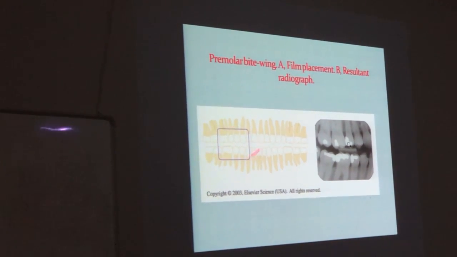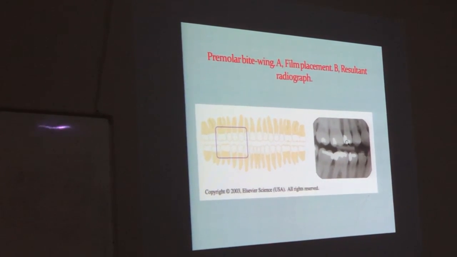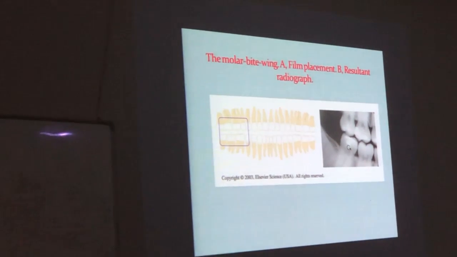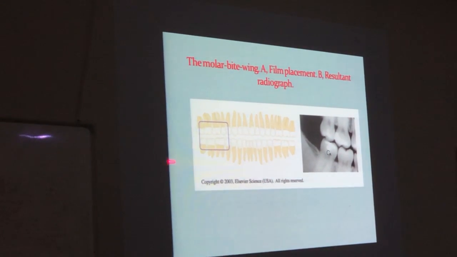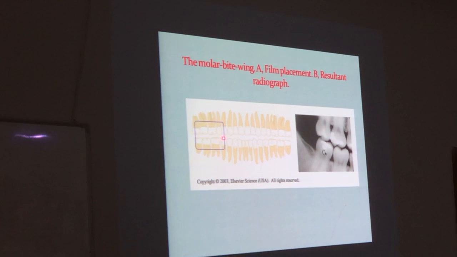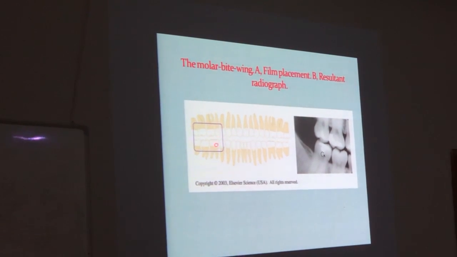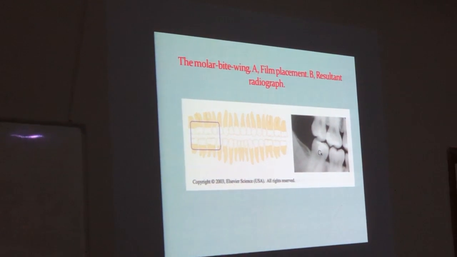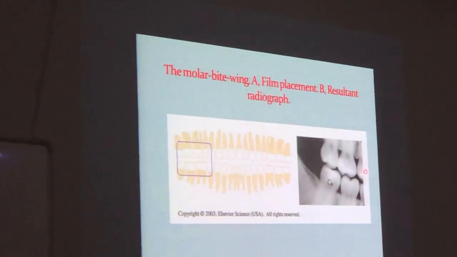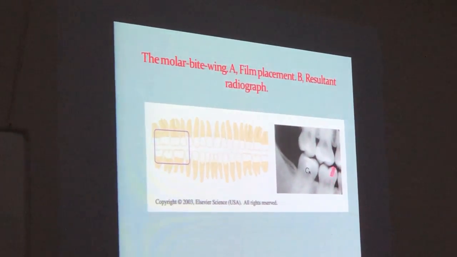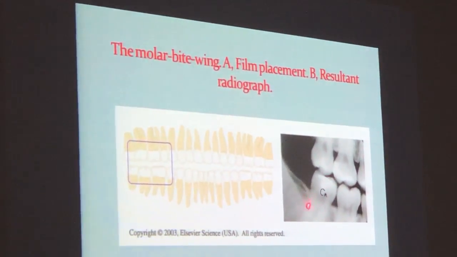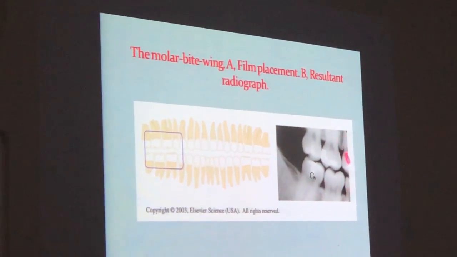If you want to take an X-ray just for the molars only, the central ray should be directed to the 7 in the center of the film. You will see the 6 and the 7 and part of the 5.